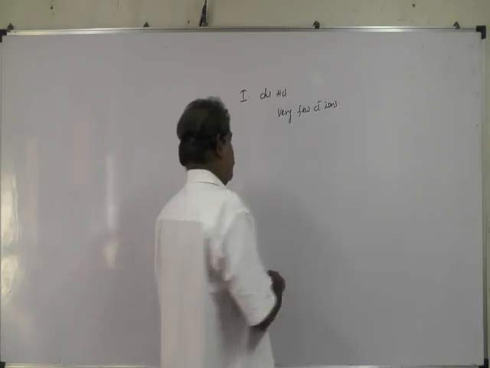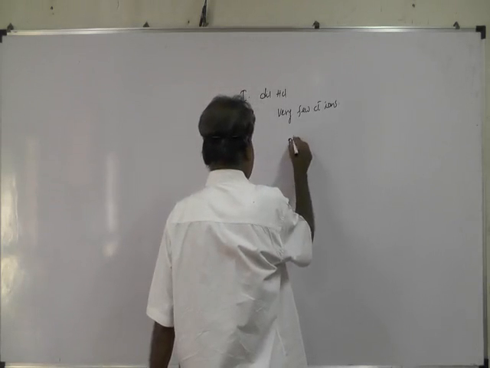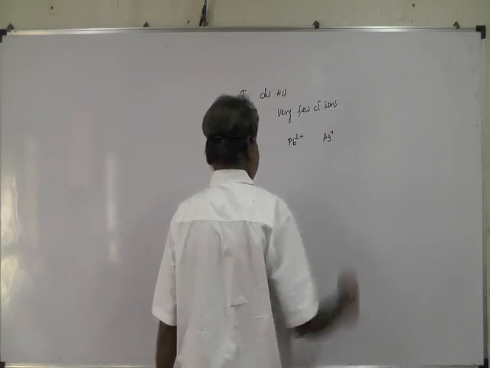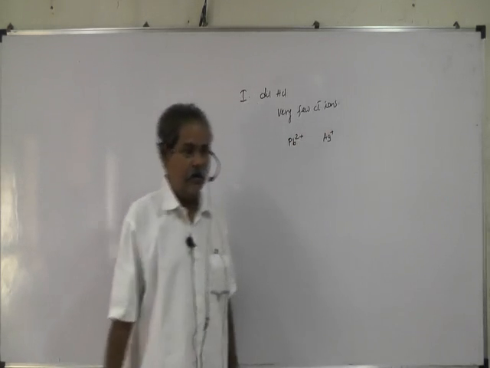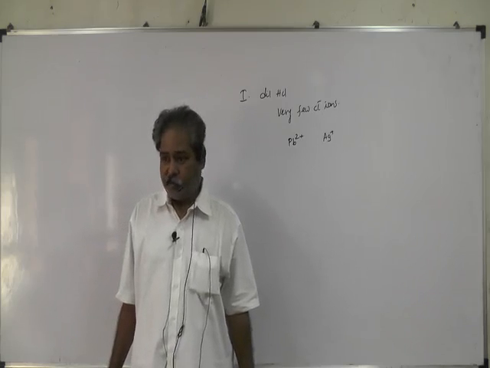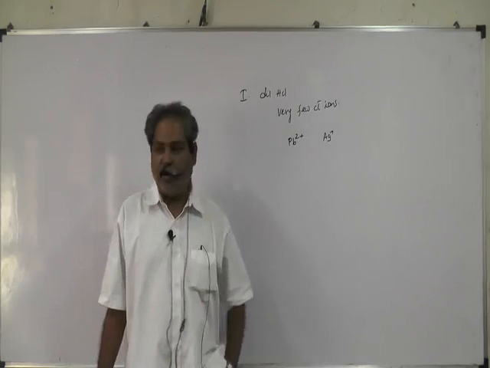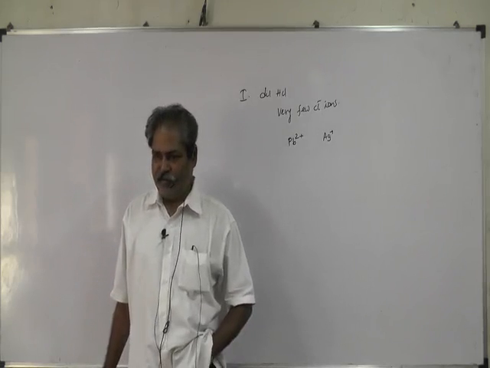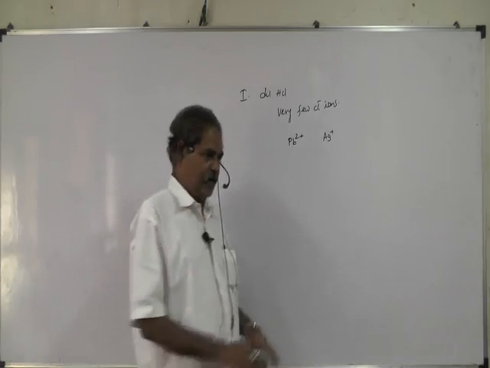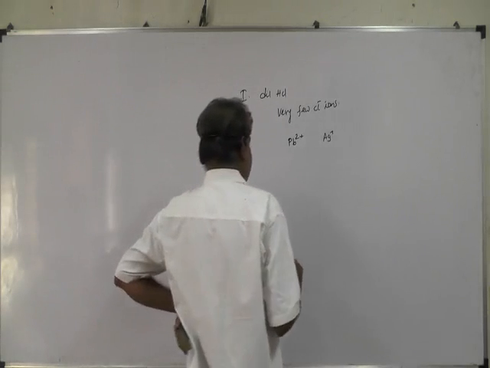All chlorides are soluble except lead and silver. And there is one other cation, Hg2 2+, but that is not there in our syllabus. Ag, Haji, Pilao Bhai. वो syllabus में नहीं है.